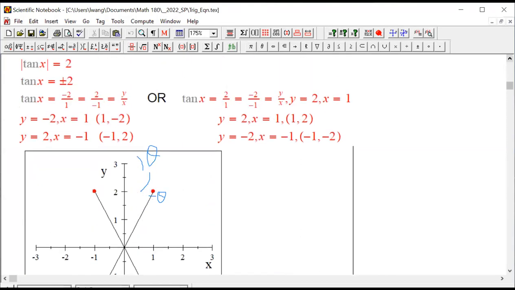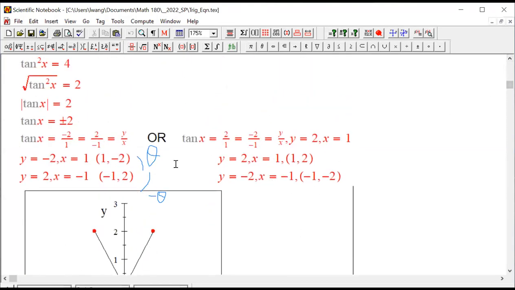Let's see, how do we show work? When you show work, you don't have to show all of these details. Let me give you a version of showing work, and it would be like this.